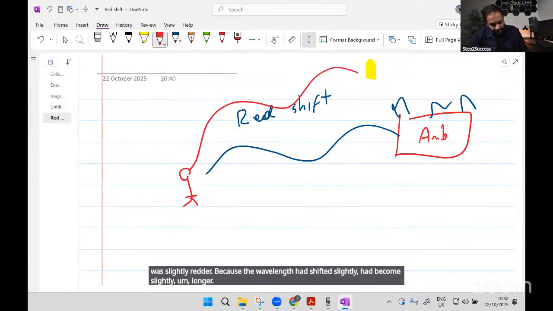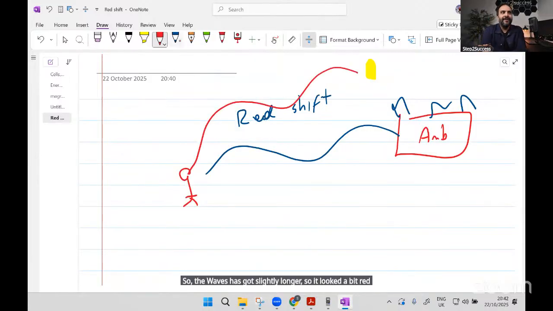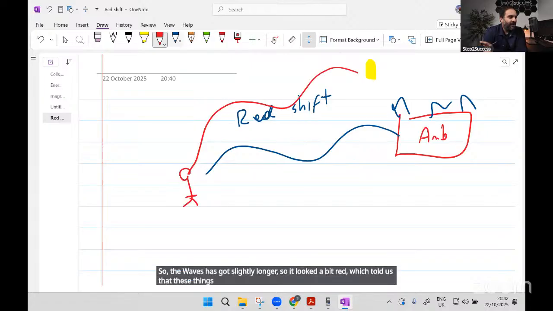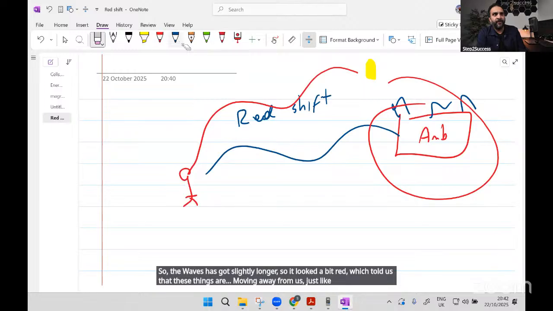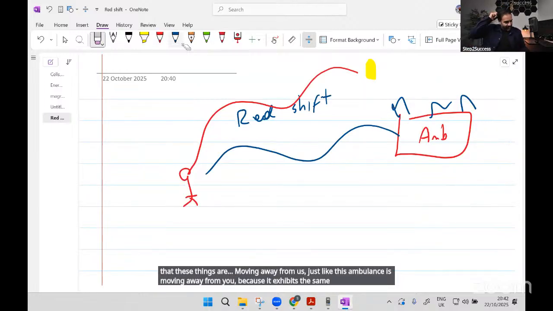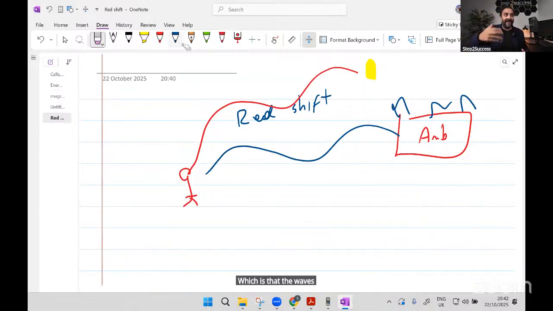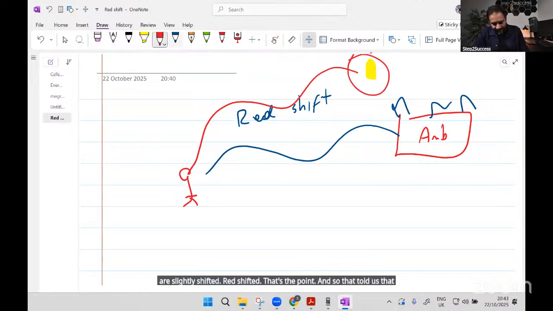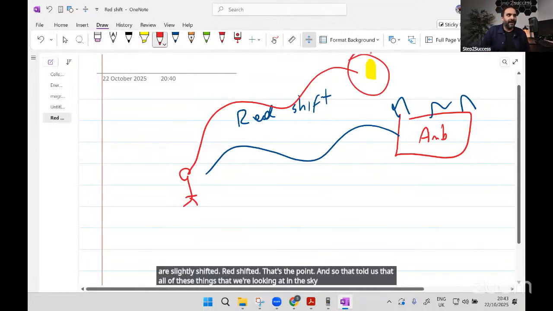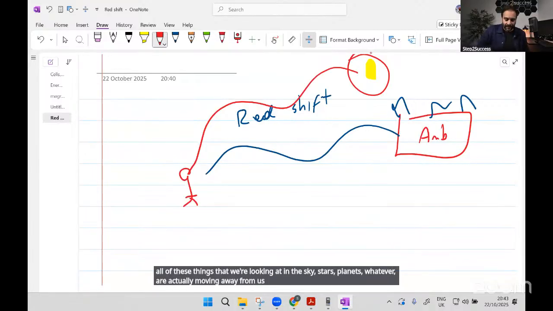So the waves had gone slightly longer, so it looked a bit red, which told us that these things are moving away from us, just like this ambulance is moving away from you, because it exhibits the same effect, which is that the waves that are coming to our ears or eyes in this case are slightly shifted, red shifted. That's the point. And so that told us that all of these things that we're looking at in the sky, stars, planets, whatever, are actually moving away from us, just like the ambulance is moving away from us.